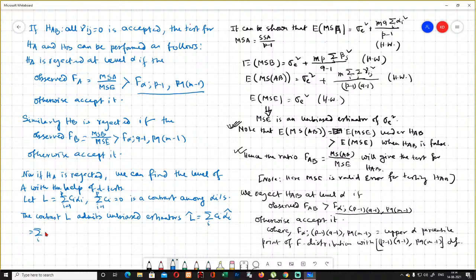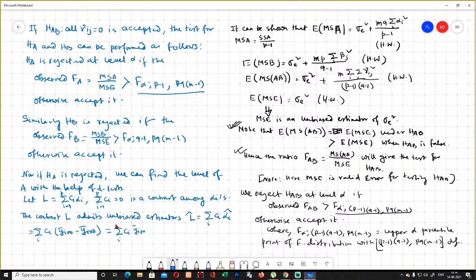So this is equal to the sum over i of c_i (y_i0 bar minus y_00 bar), and this is simply the sum over c_i y_i0 bar, because the sum over c_i equals 0 and y_00 bar is a constant. So this is simply the sum over i from 1 to p of c_i y_i0 bar, and it is a linear function of independent y_ijk's, where the y_ijk's follow a normal distribution.